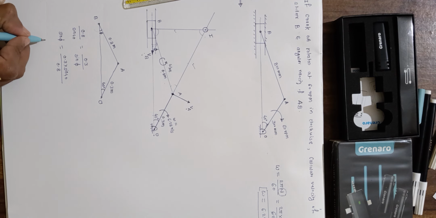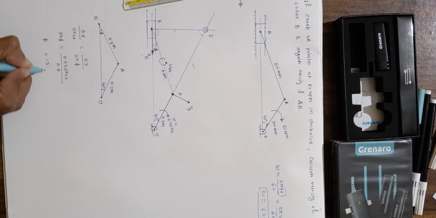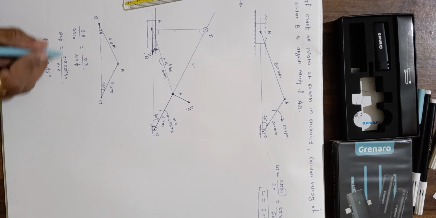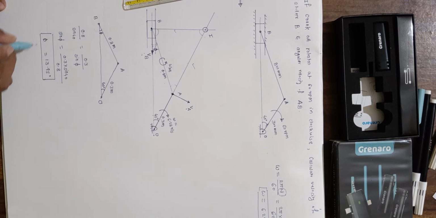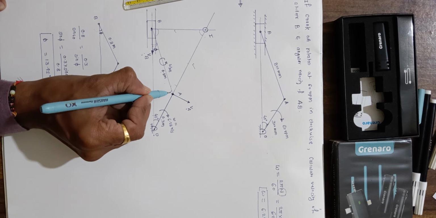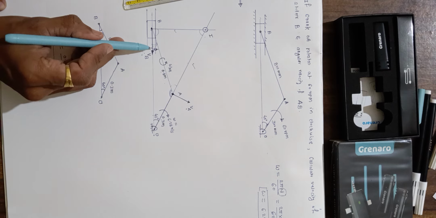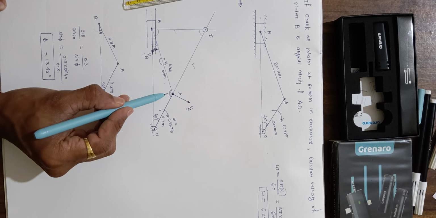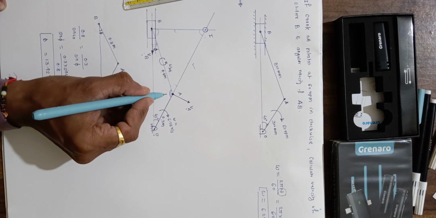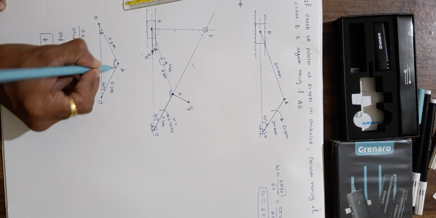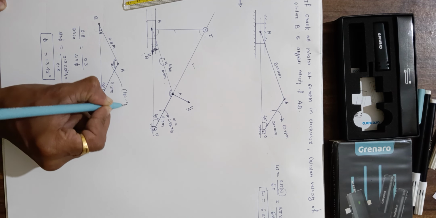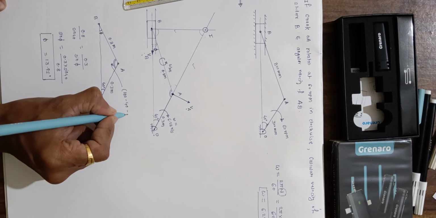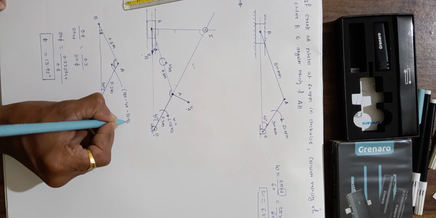Then we can find phi. This is equal to 13.95 degrees. Just take the sine inverse. Now we got the angle phi. Now we can find out this angle. This angle A is equal to 180 minus 40 minus 13.95.